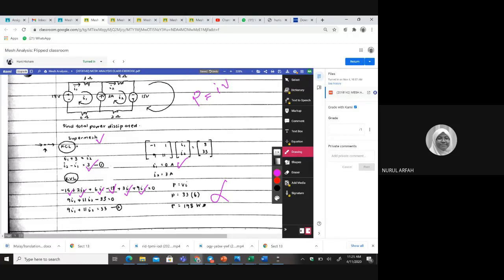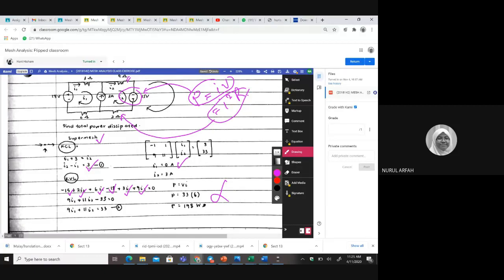It's either you use this equation, IV, or you use, because this is a resistor, right? So you have I square R. You can use this. And then for this part, you can use P equal to IV. For this part, for resistor.